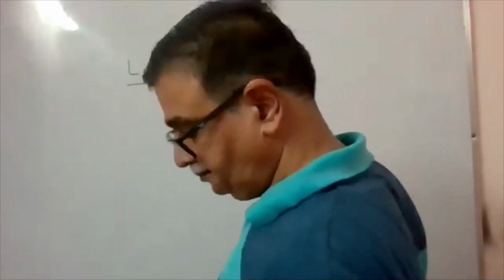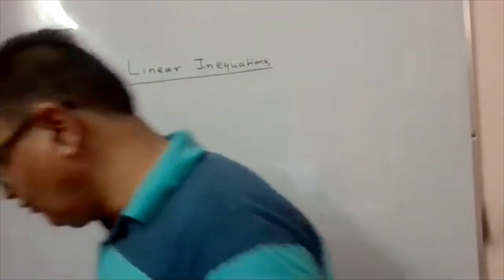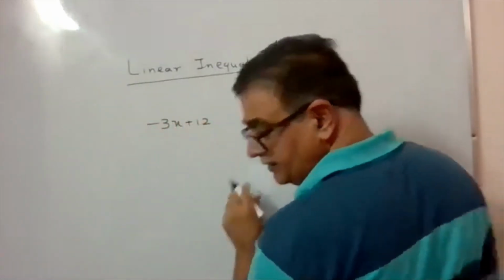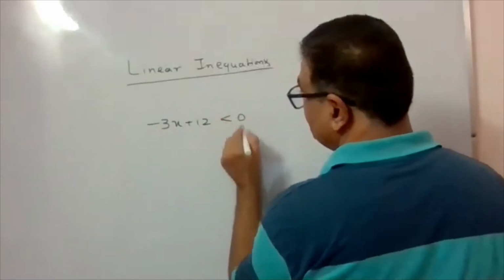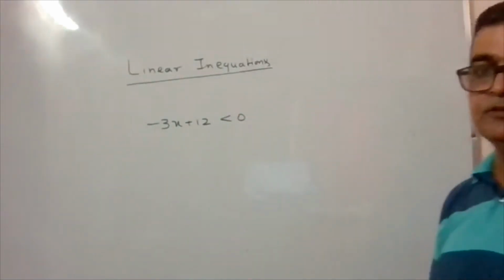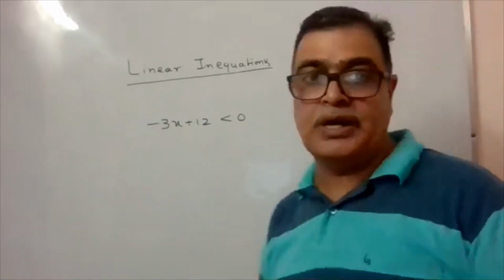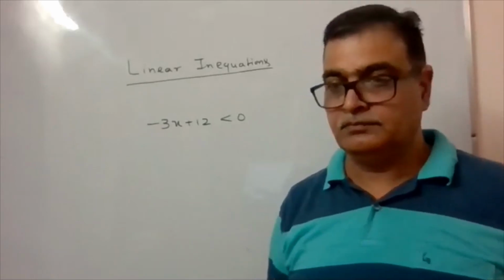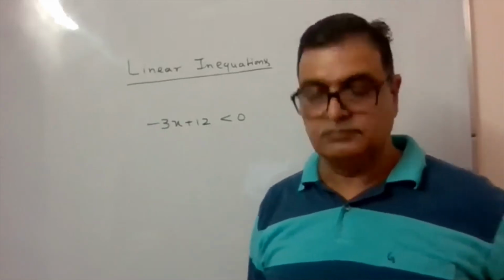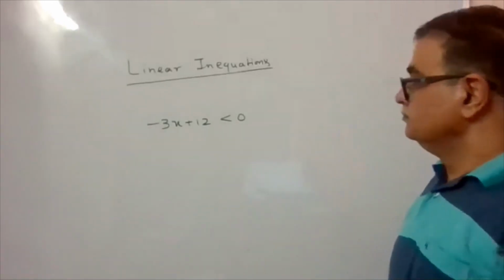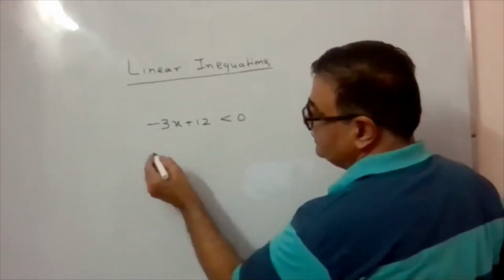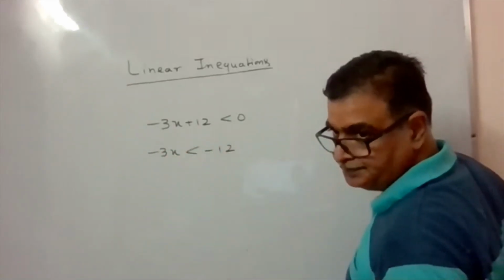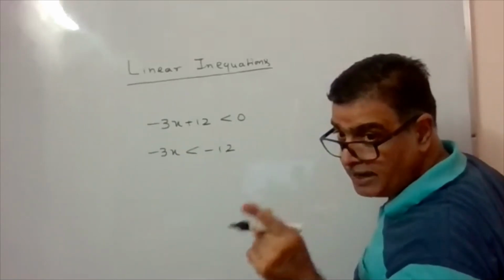Next question, please. Solve minus 3x plus 12 is less than 0. Sir, infinity to 4. 4 to infinity. Yes, sir. First we will take minus 12 to this side, so minus 3x is less than minus 12, right or no? Then we will divide by minus 3 on both sides.